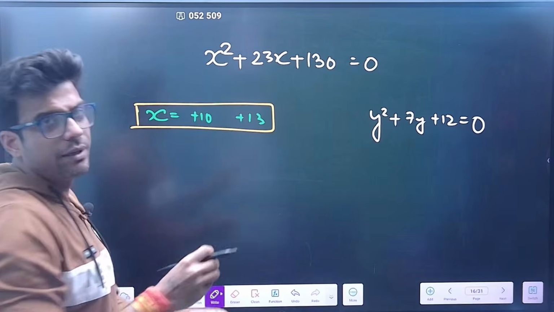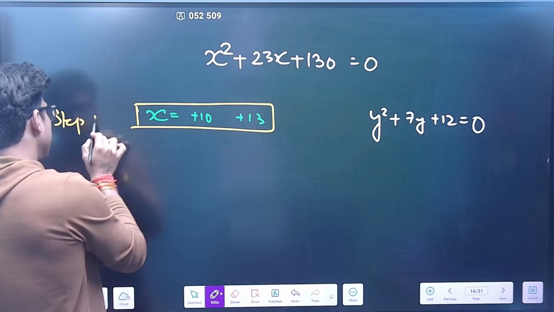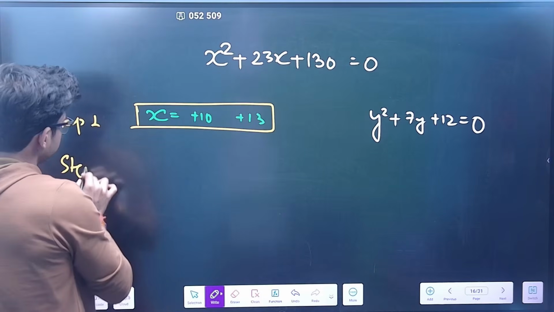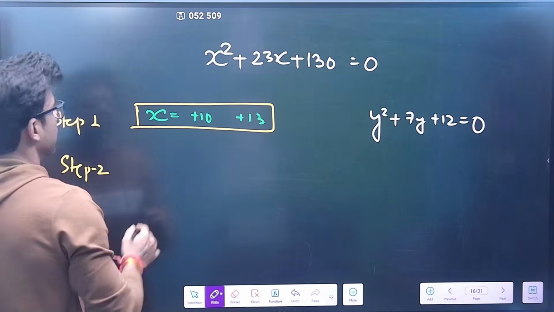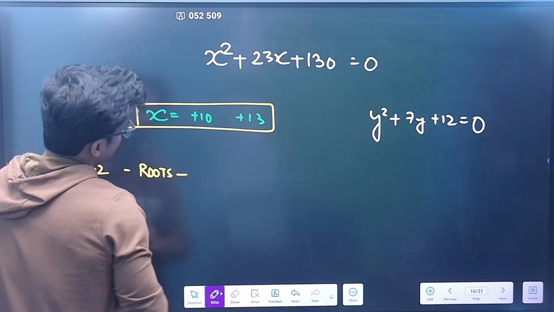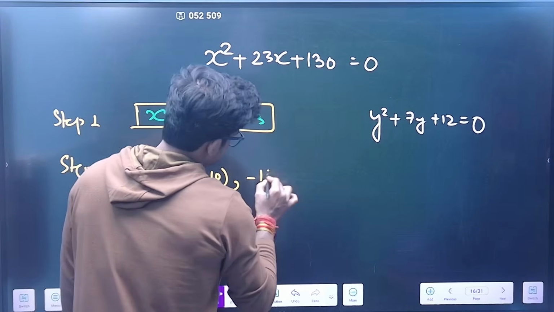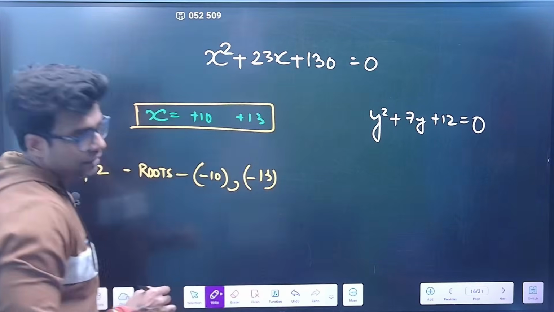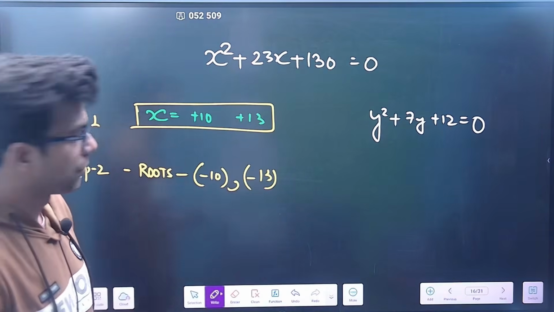But the roots would be, this is step number 1. Step number 2, reverse the sign. The roots would be minus 10 and minus 13. Is it correct? First, this is known to you.